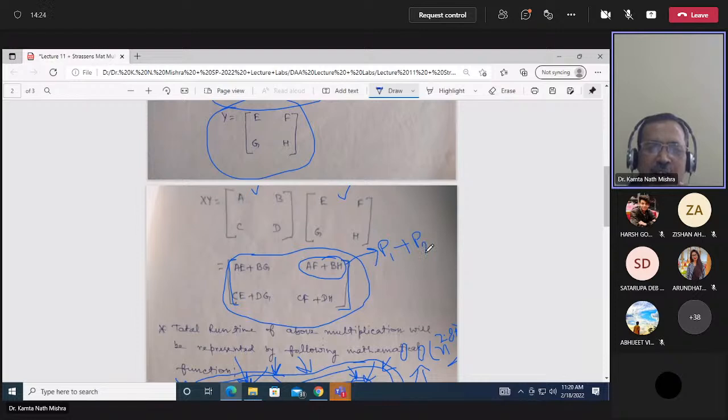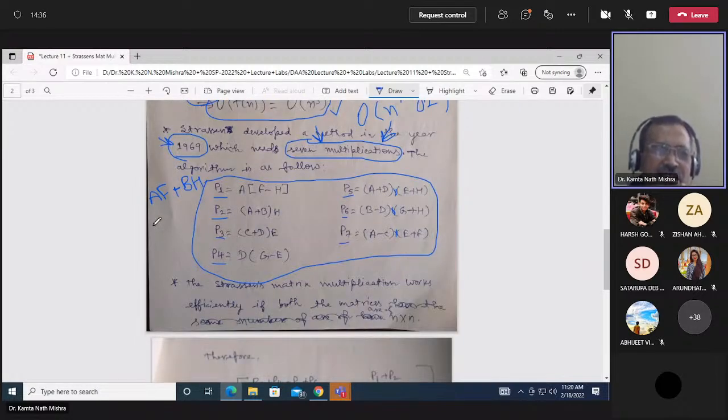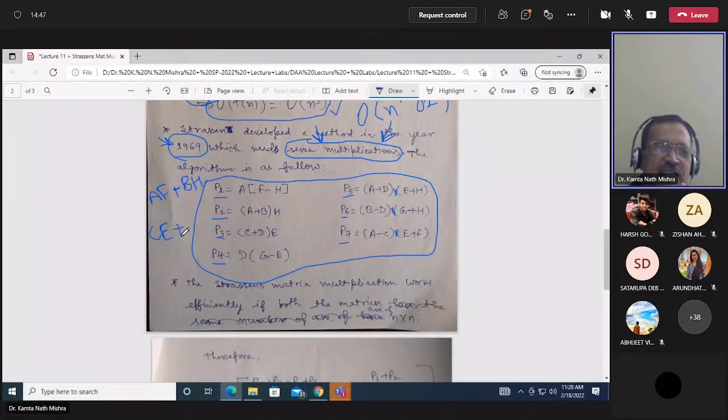P1 plus P2. I am giving you the easier one first. Next is to compute this one. How will you find CE plus DG? So I am writing here, this is CE plus DG. Sir, P3 plus P4.